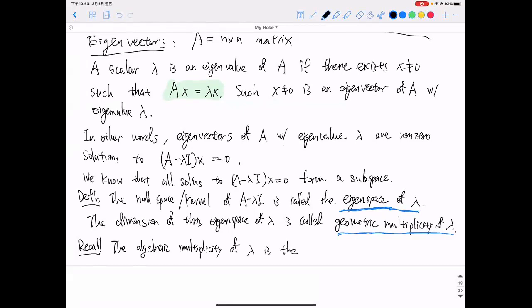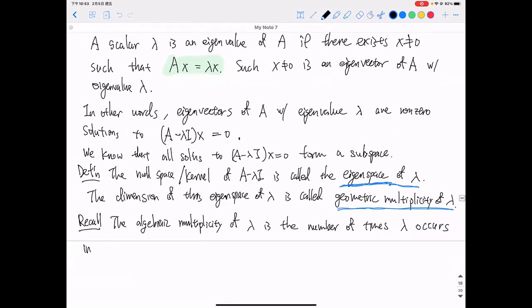For an eigenvalue lambda, it is the number of times lambda occurs in the roots of the characteristic polynomial, which is the determinant of A minus tI.